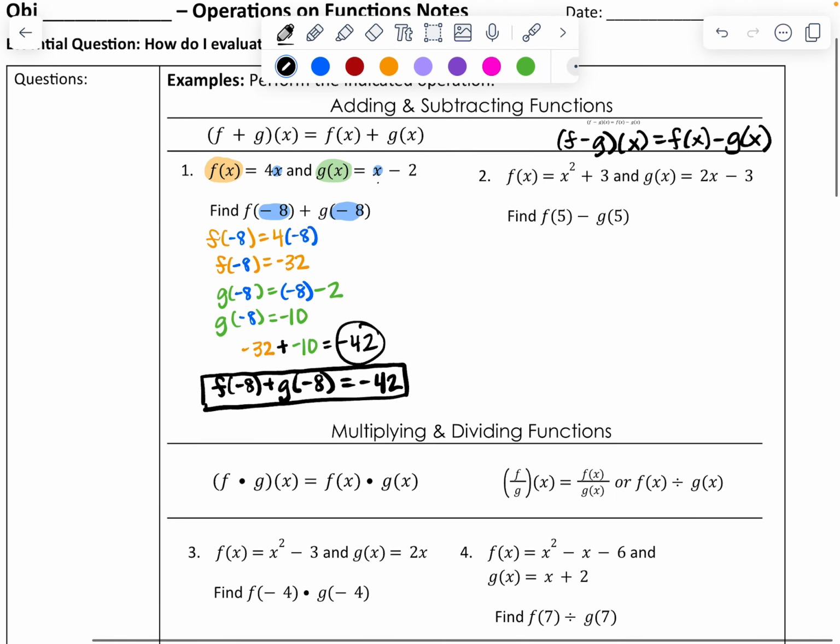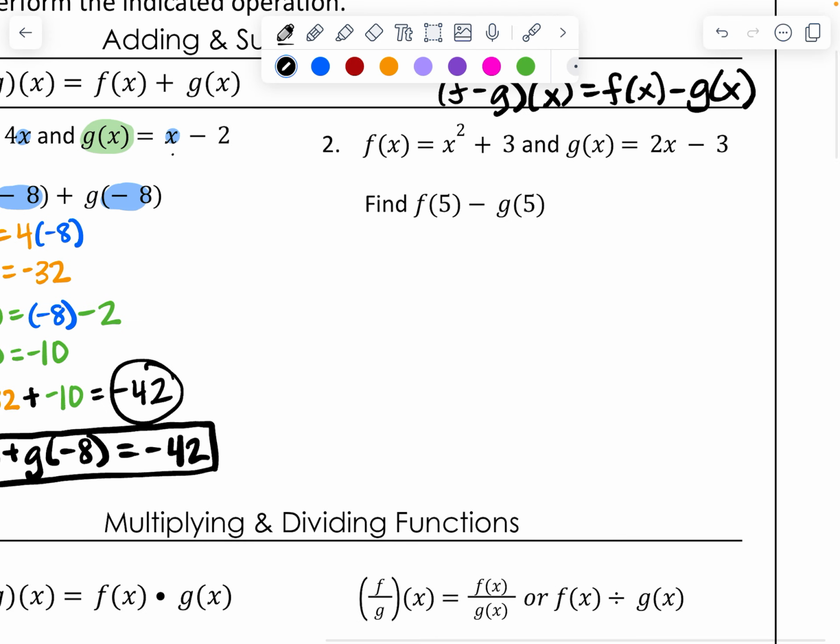Okay, now let's do a subtraction one. We have f of x equals x squared plus 3, and g of x equals 2x minus 3. Find f of 5 and f of 5 minus g of 5. So we're putting in 5 where the x is in those functions.